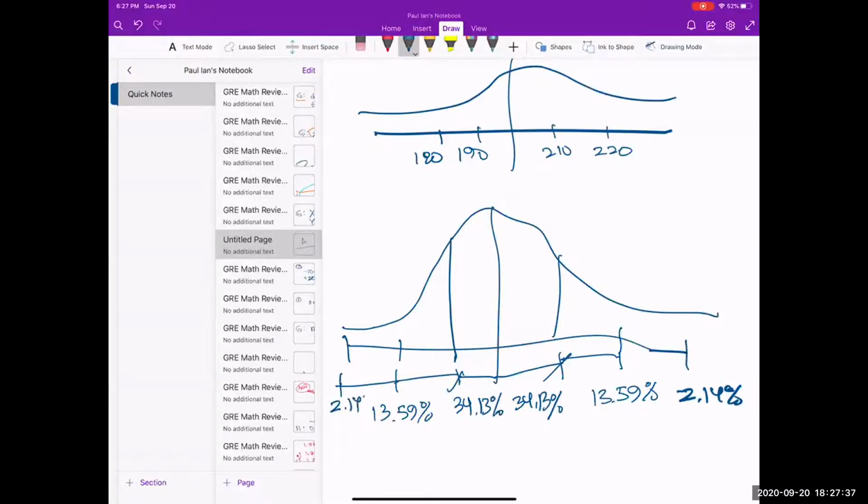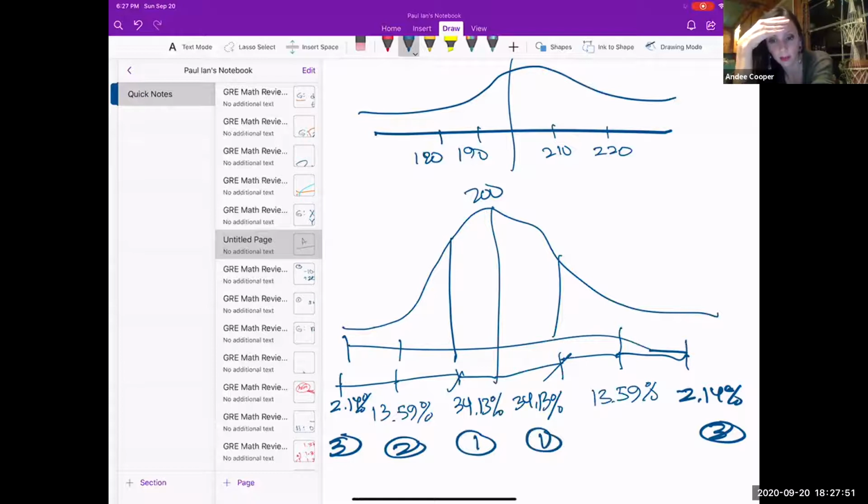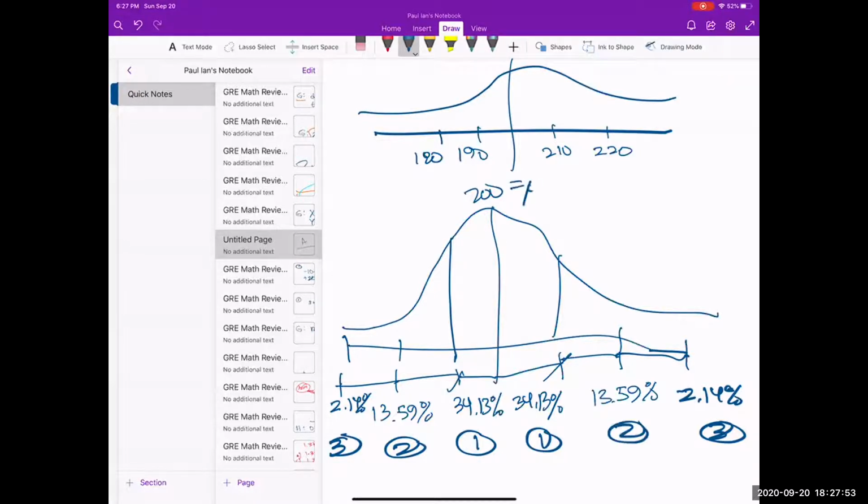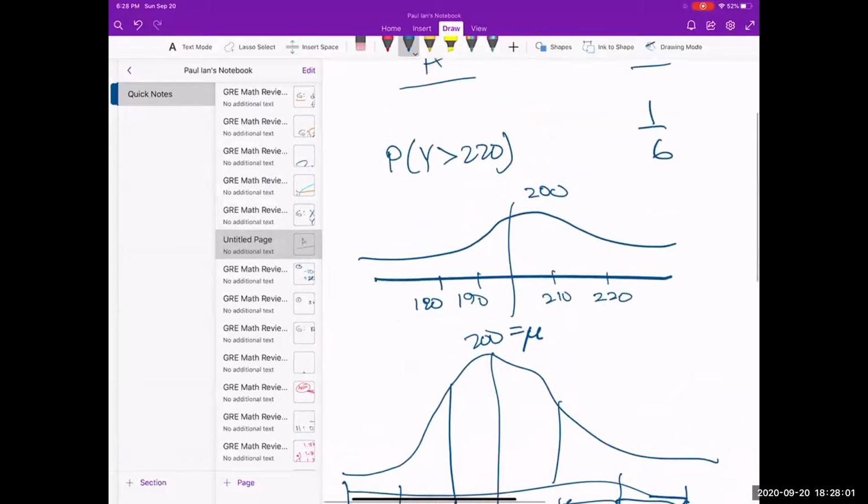If you keep these in mind, maybe up to only the third deviation, this is the first, this is the second, this is the third. And this one is asking you, y is greater than 220.